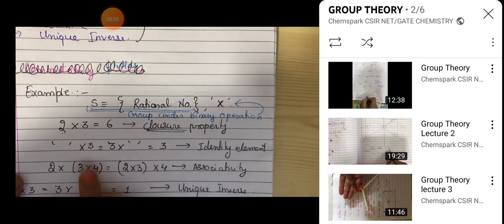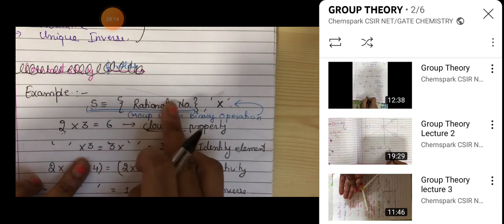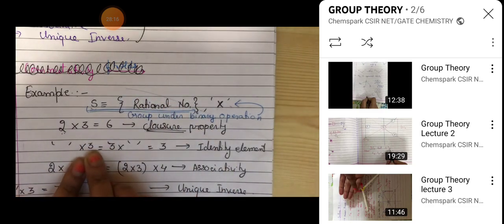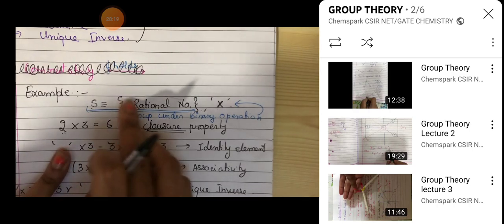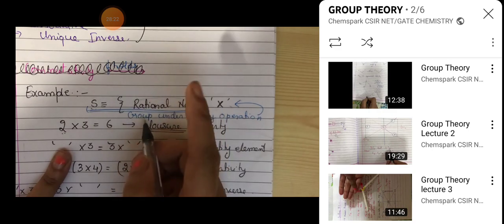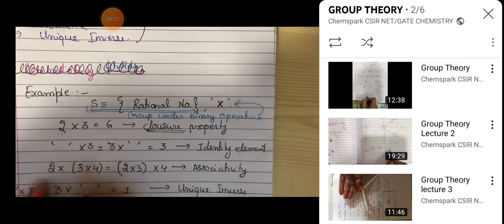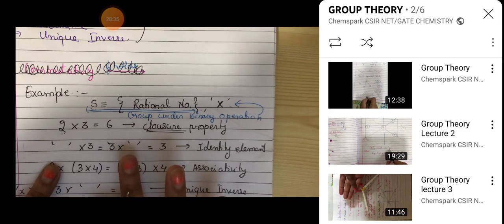Now the second is, if I consider one element, for example 3, that is a rational number that belongs to this set, and I multiply this with any number, see, every set has got one number, if you multiply with that, you will get an identity. Now in this case, if I multiply 3 by 1, I am getting the answer 3.